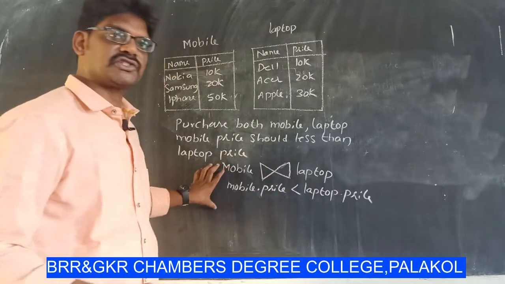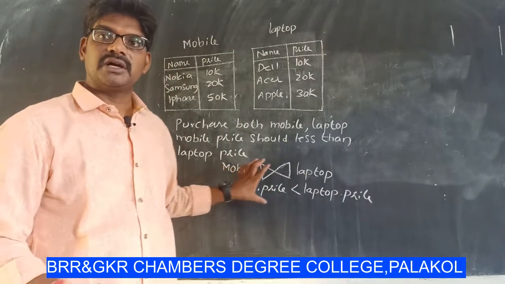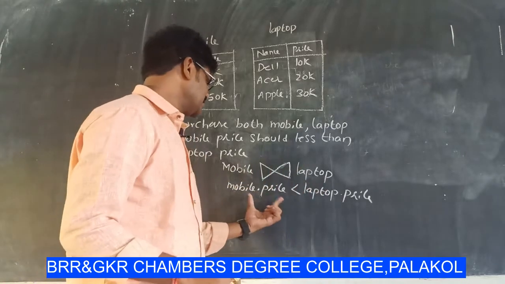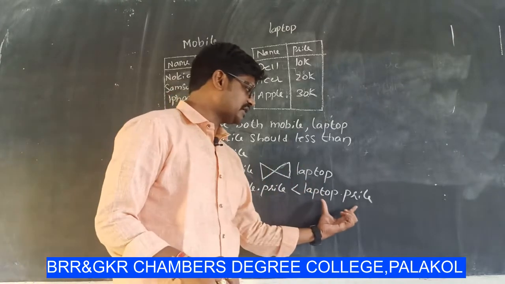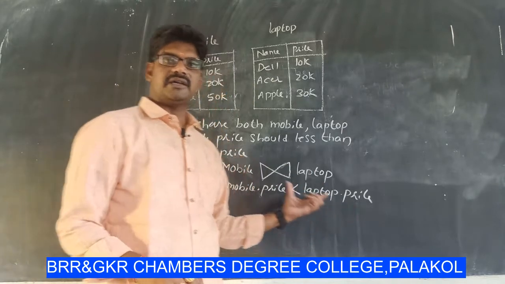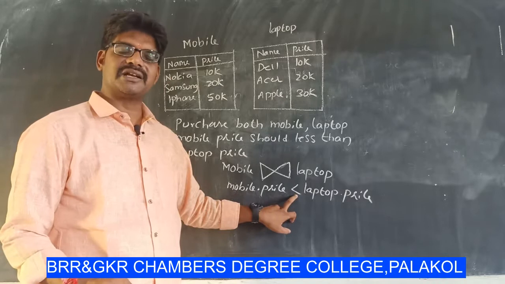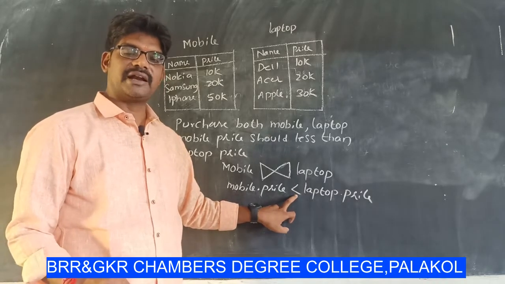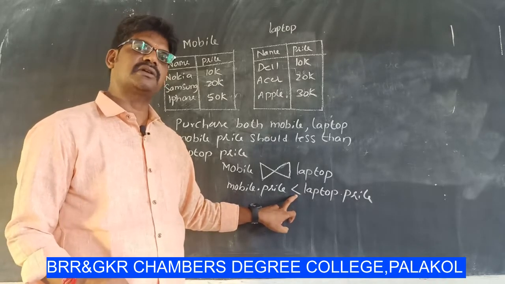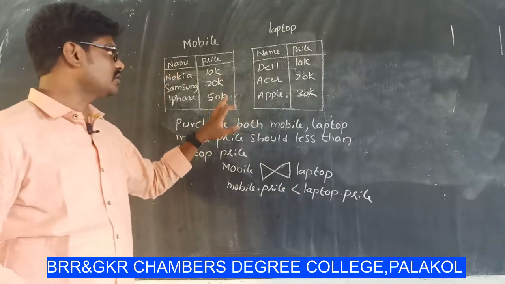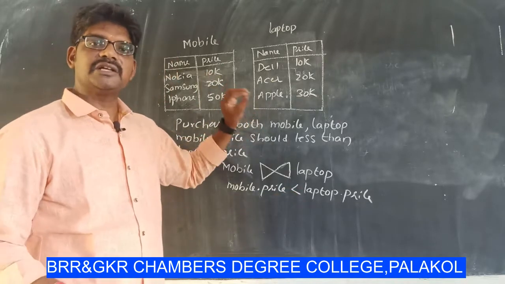So this is the theta join. We have to use theta here, where the condition is mobile price always less than laptop price. Here we are using less than, greater than, greater than or equal to, or less than or equal to conditions. We call this the theta join.